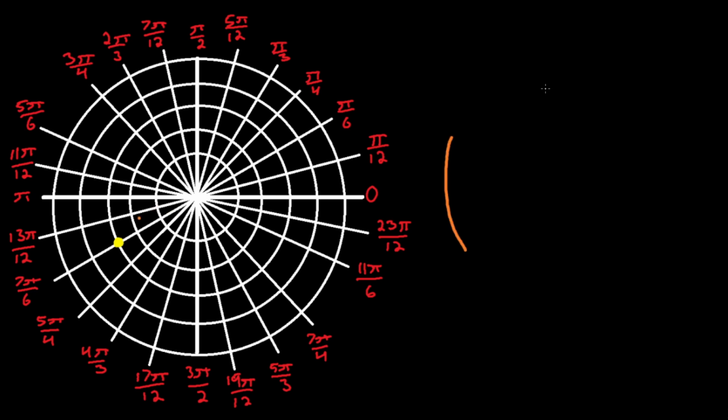Well, we know that this point is on the first ring, second ring, and third ring. Therefore, the magnitude of this point is 3. All right, how about the angle? Well, the angle of this point is along the line 7 pi over 6, right? This line right here represents 7 pi over 6. Therefore, the angle is 7 pi over 6. All right, it's not that bad, okay?